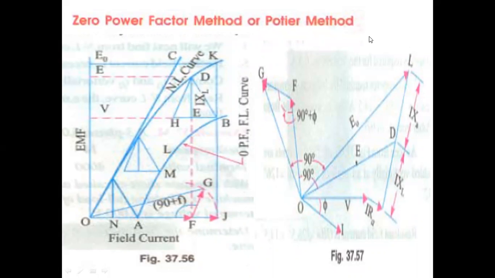It gives more accurate results than the earlier Rothert's method. It uses the first two methods, and we will find the voltage regulation. If you do the experiment, we have to get the required data.